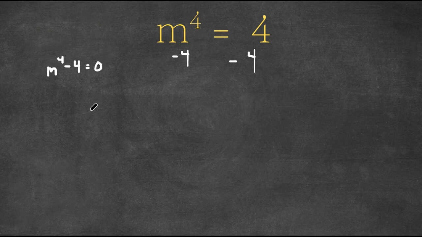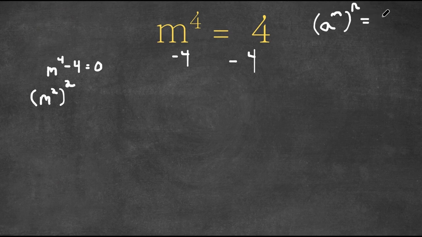Now I'm going to change m to the power of 4 to m squared to the power of 2. Because remember, if we have something in the form a to the power of m to the power of n, this is equal to a to the power of m times n.